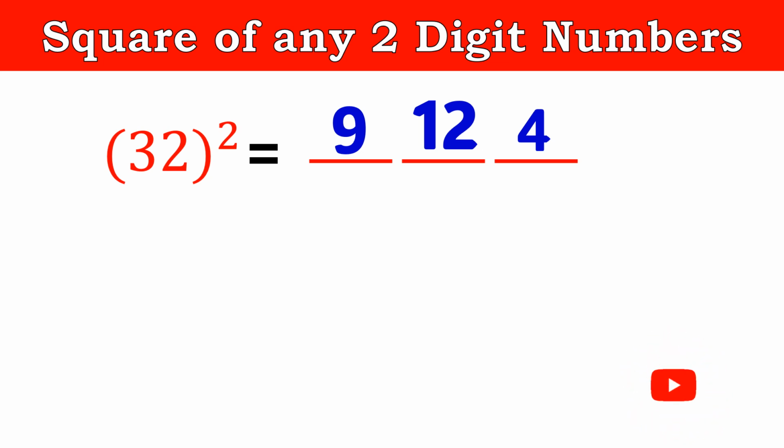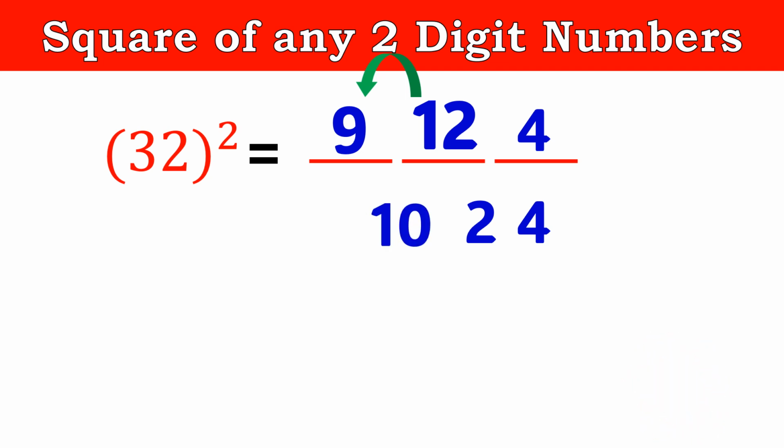So, working from the last until the first, we have 4, and then we have 12, but we'll take the unit part of that, which is 2, and the 1 will be carried over to the next part, which is 9. 9 plus 1, and so 10 is what we come out on the front. And that means that 32 squared is equal to 1024.